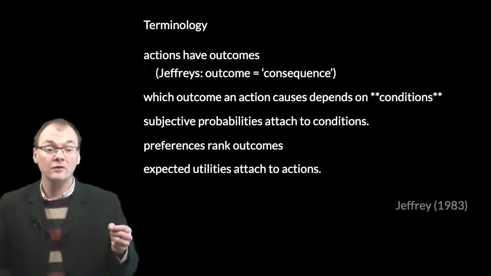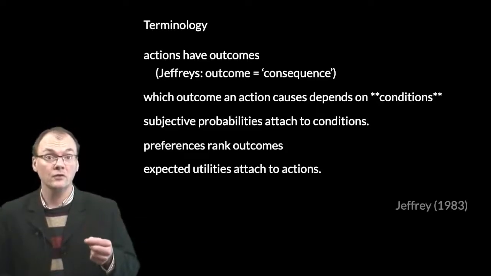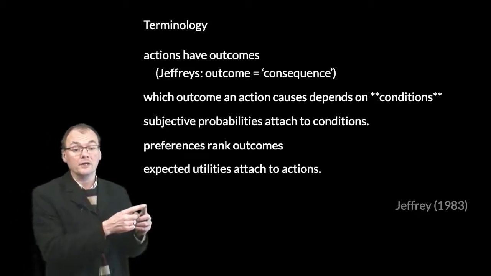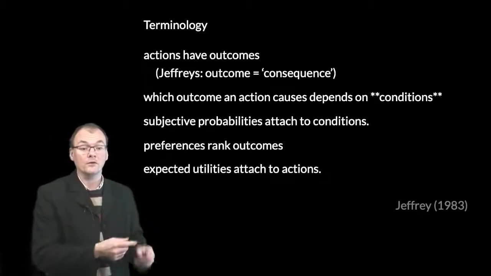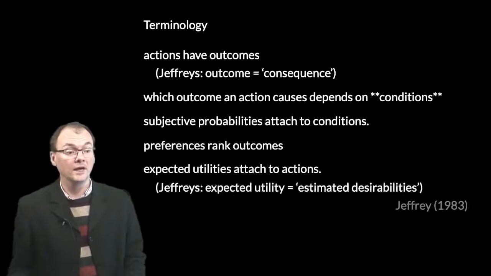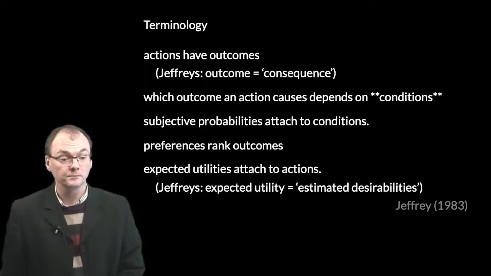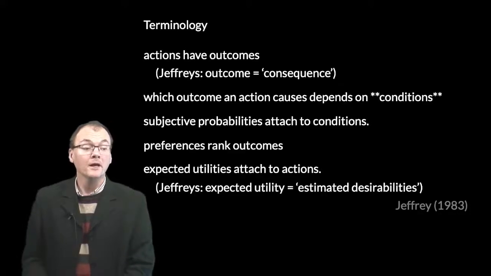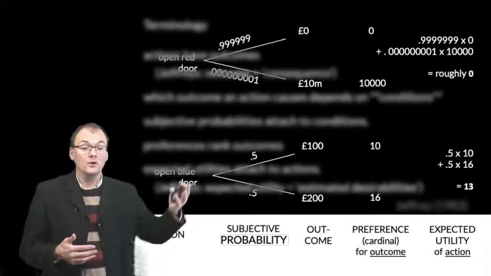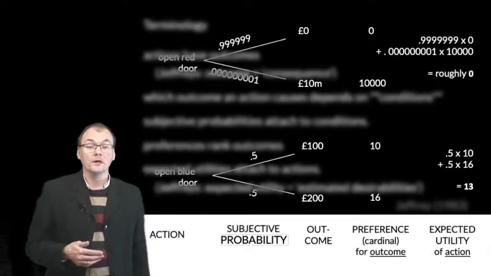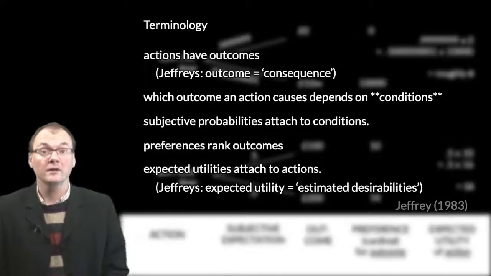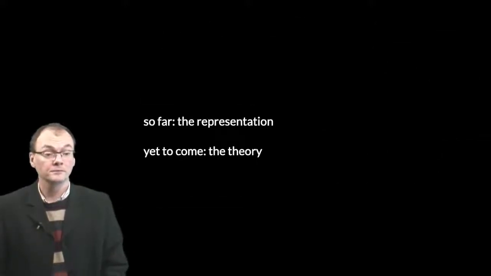But the expected utilities are things that attach to actions. And the idea, of course, is going to be essentially the idea that a rational agent chooses the action with the greatest expected utility, what Jeffrey calls estimated desirability. So if you understand the terminology and you can map it on to my simple example here, then you're already good. You've got everything that you need to carry on.